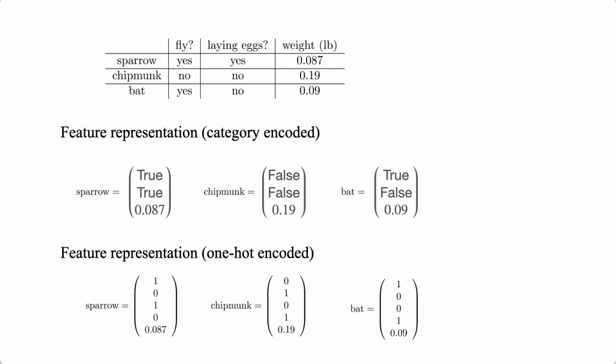And because of that, we're not inducing any ordering. So this is the one-hot code, and it prevents machine learning systems from assuming that a given category has an order when it doesn't have an order.